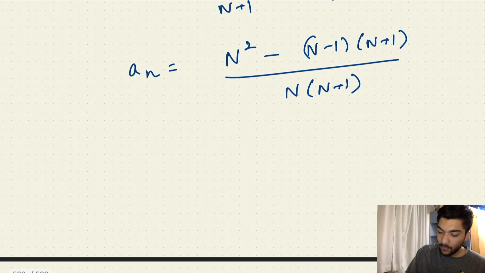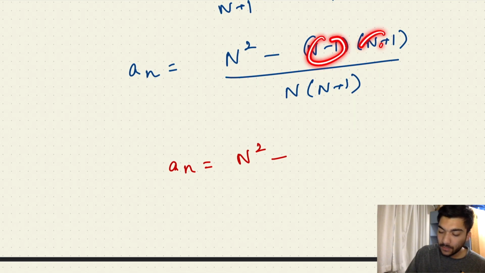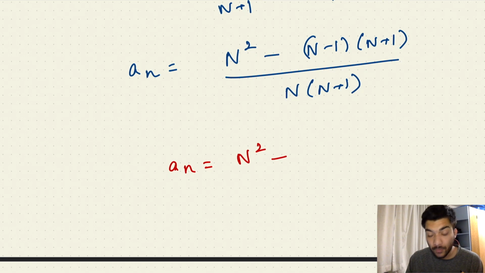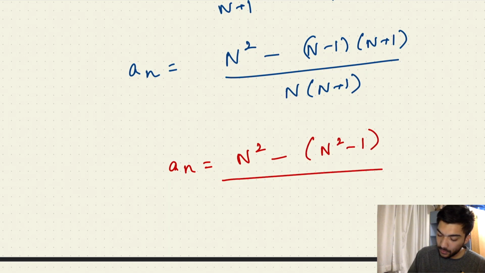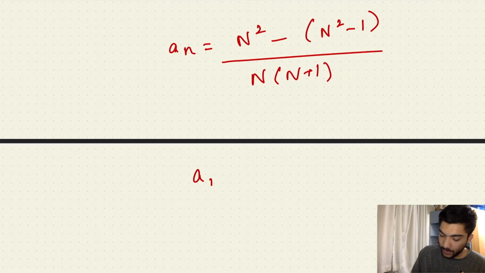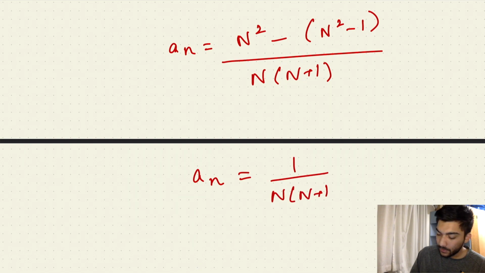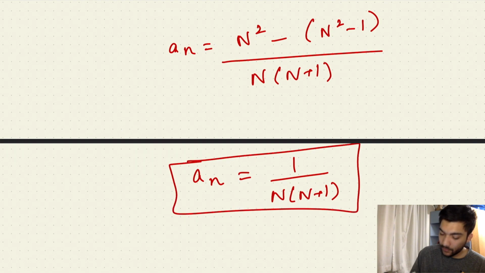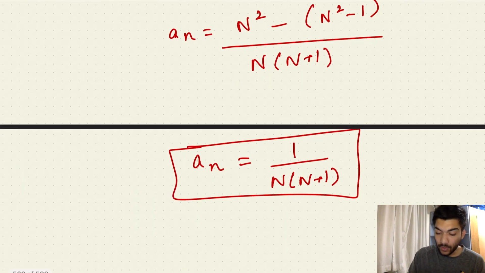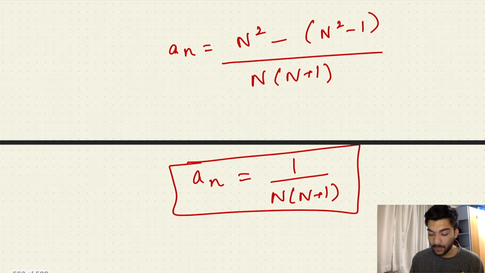So you'll get your a of n as n square minus, this term would be a minus b times a plus b, which will be a square minus b square. So this would be a square minus b square upon n times n plus 1. Finally, your a of n would be 1 upon n times n plus 1 in this case, right? So your sequence would be represented by 1 over n times n plus 1.